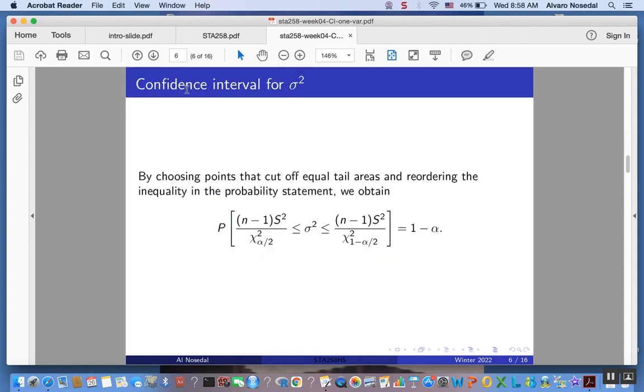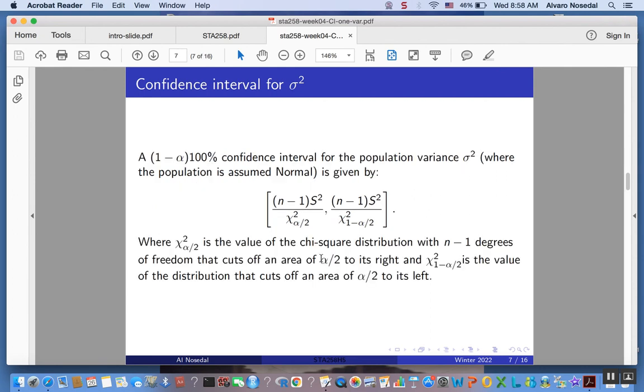So now let me show you that formula here, right? That's exactly what we did. And again, that slide summarizes well the formula that we're going to be using to find a confidence interval for a variance.